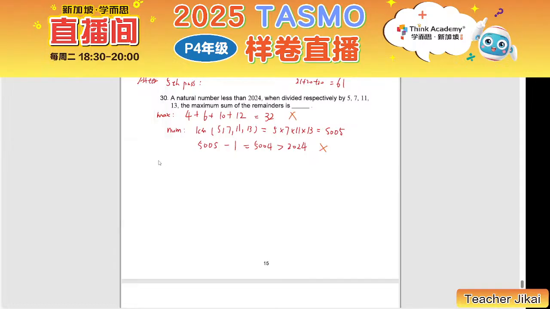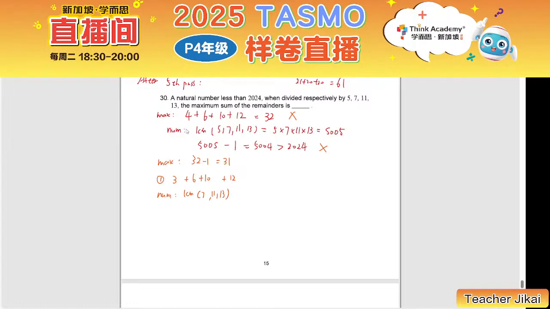So then we make the maximum a little bit smaller, being 31. So what are the cases? The first case, we make the remainders 3 plus 6 plus 10 plus 12. Then the number should be related to the LCM of 7, 11, and 13.